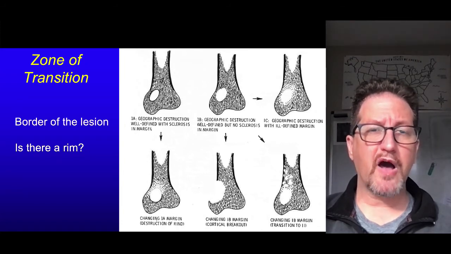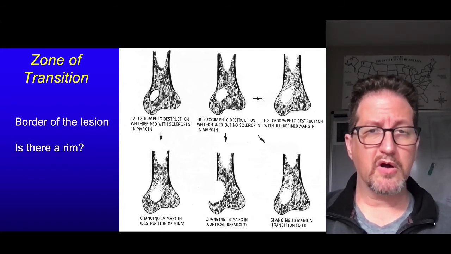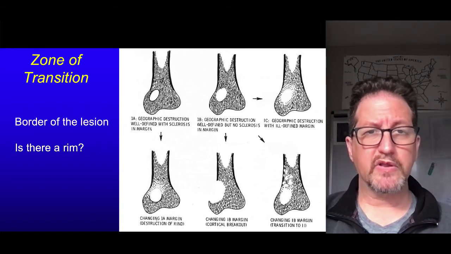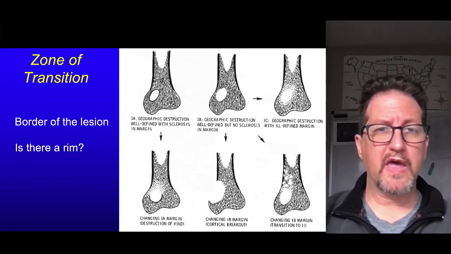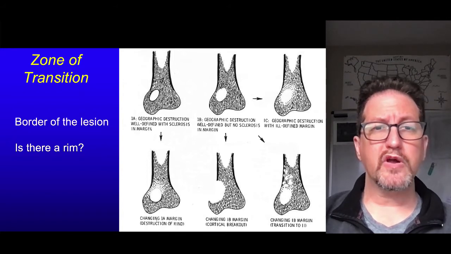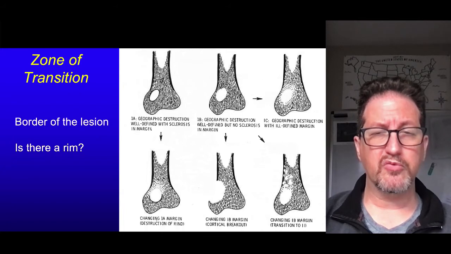So if you look at the top left, you can see that that is a well-demarcated geographic single lesion, or monostotic lesion. So I could draw a line around that really easily, and it has a sclerotic rim. That's telling you that well-defined rim means that it's very slow growing, enough that the bone can build around the tumor.